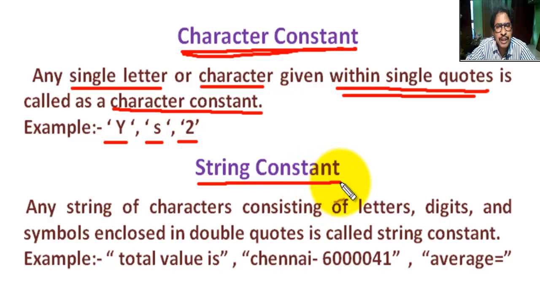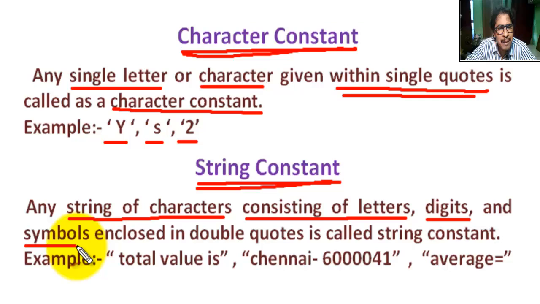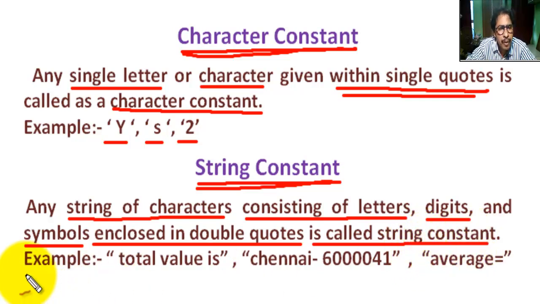Now, what is a string constant? Any string of characters, that means any sentence consisting of letters, digits and symbols enclosed in double quotation marks, is called a string constant.